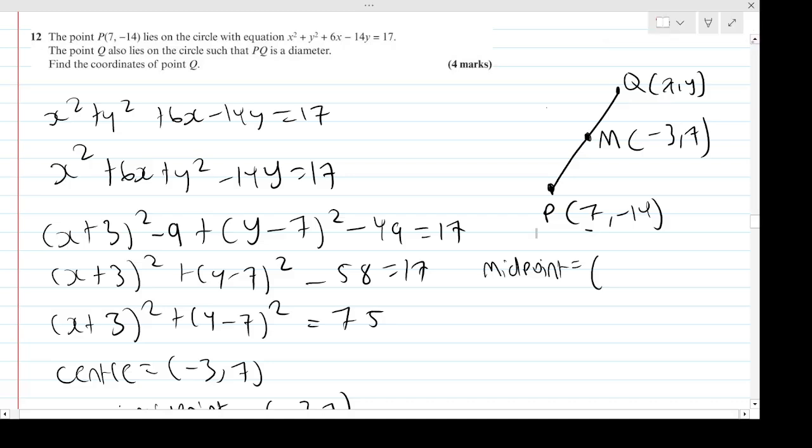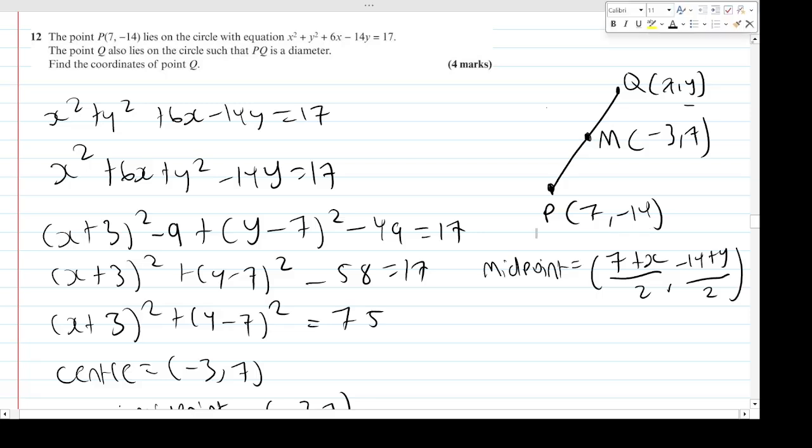So firstly add the x part, so you have 7 add x, again I don't know what x is, but let's call it over 2. And then add the y part, so minus 14 from P, add the y, and then that's over 2 as well.